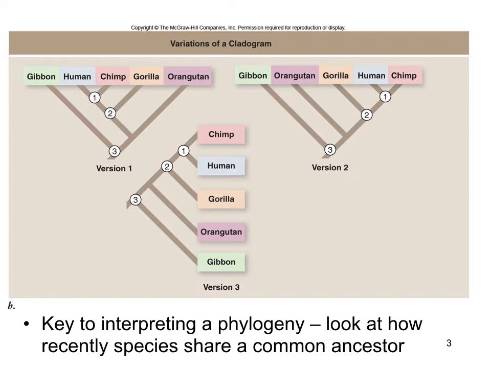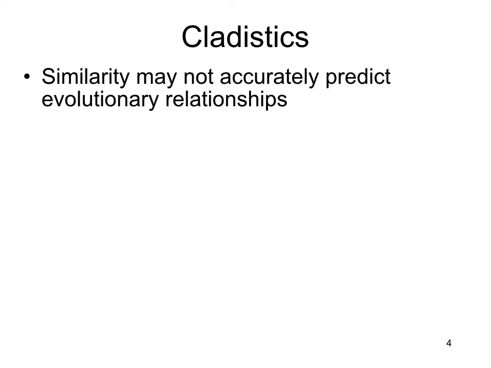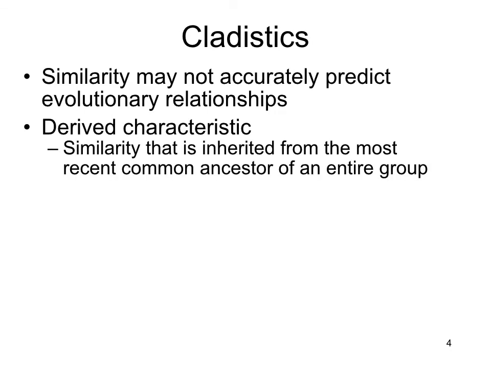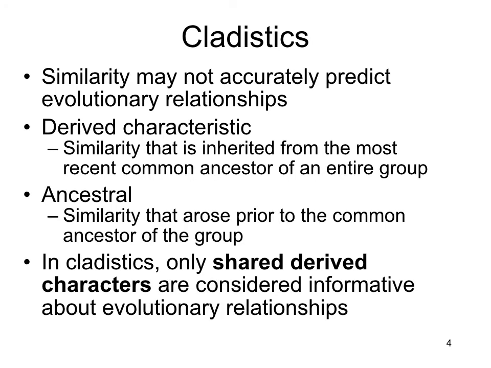And so we use similarities, but we have to be careful because not all similarities are the same. Some similarities occur because of shared common ancestors, but not all. Some similarities are prior, and some are seeming similarities, but are actually due to convergence.